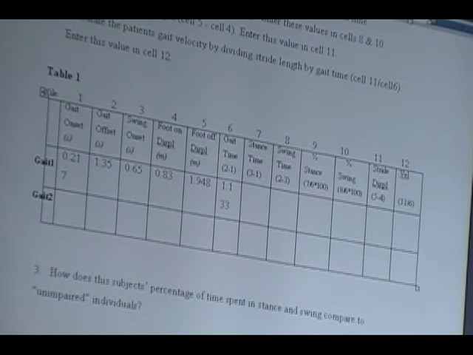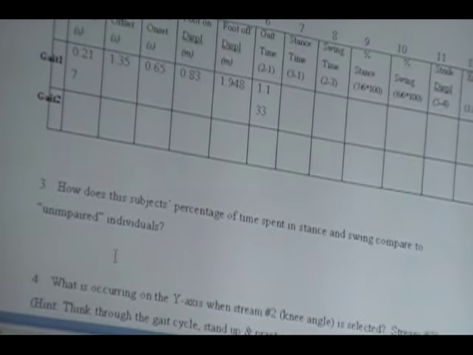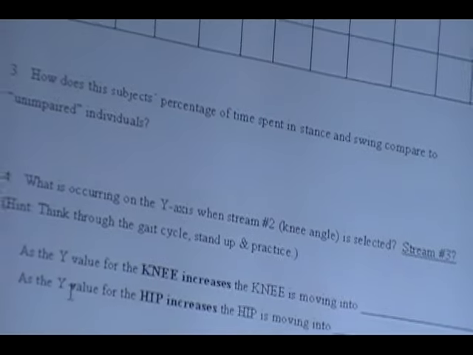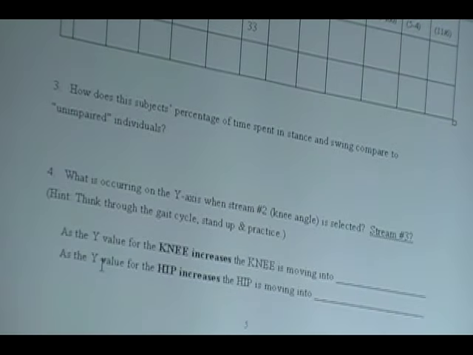Okay. Now, let's move on to question number 3, which asks how this subject's percentage of time spent in stance phase and swing phase compares to unimpaired individuals. Remember, this is data from a stroke patient. So this patient has difficulties in terms of walking, or abnormal gait.